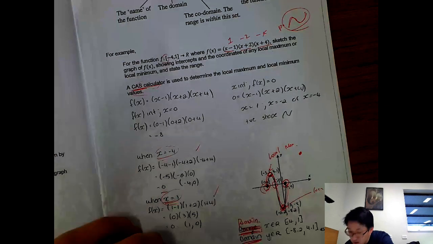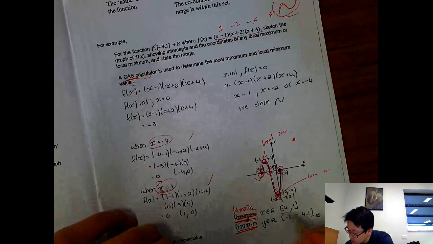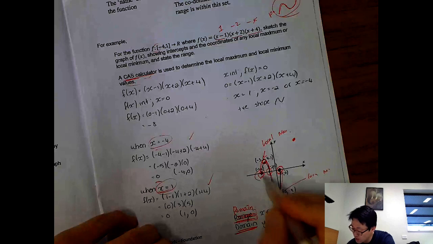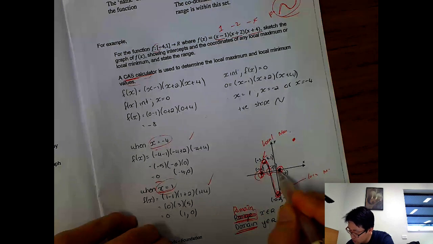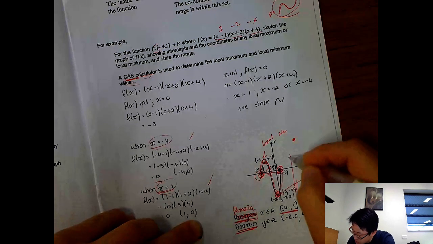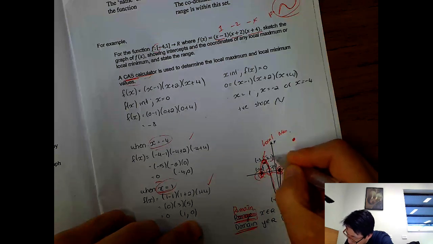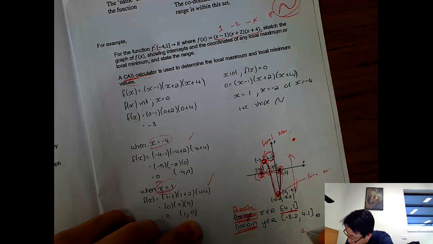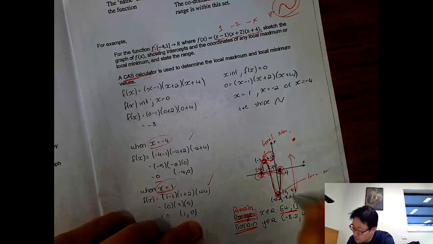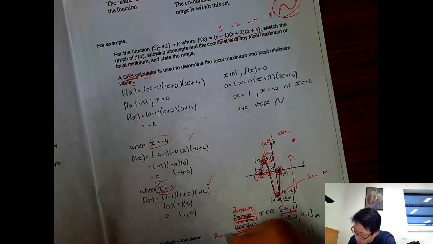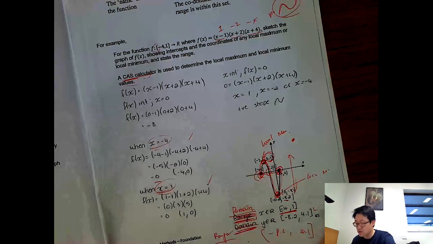Domain is minus 4 and 1. Okay, minus 4 and 1. Good. And range, what's the highest range? 4.1 here. And then minus 8.2. So that is the domain and range.